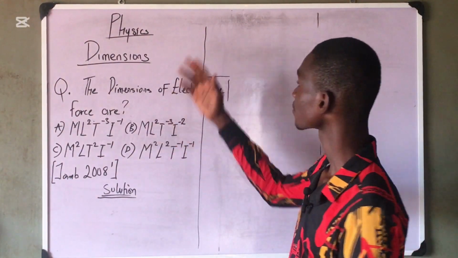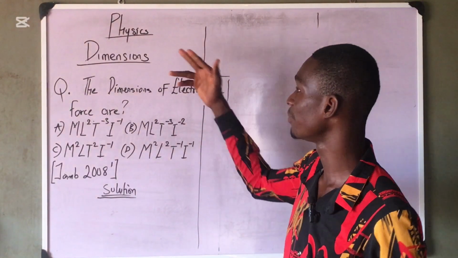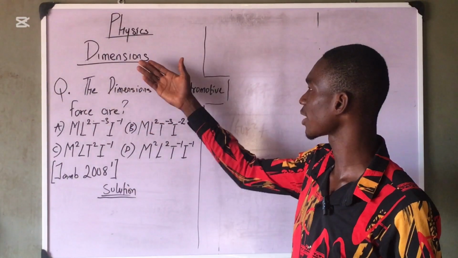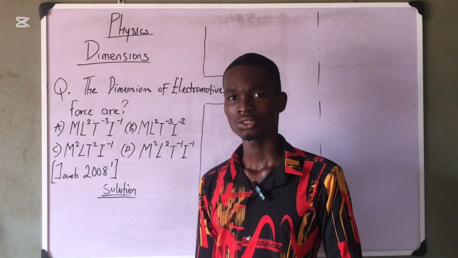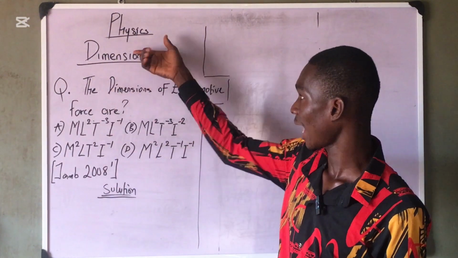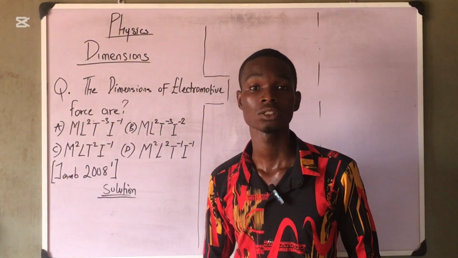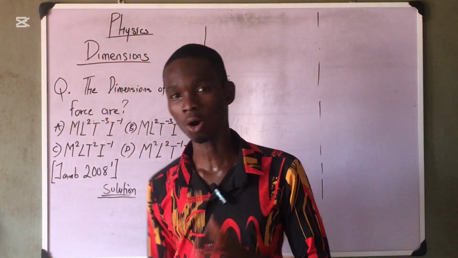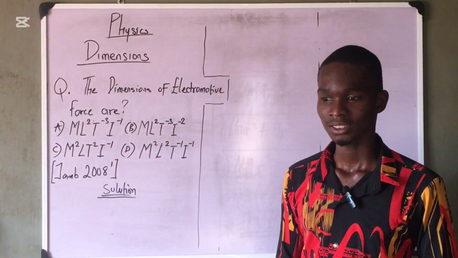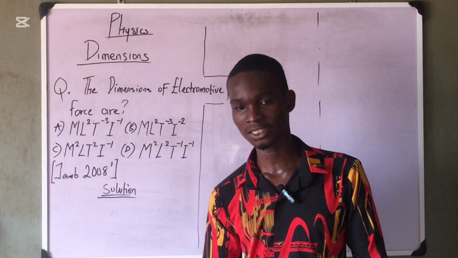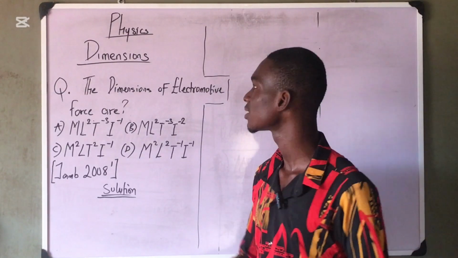Now, on physics, today we'll be working on dimensions. When you take a look at this dimensional question from JAMB 2008, you observe that when you talk about dimension, most of the students normally run away from it, or basically, they run away from the basics of physics, the beginnings of physics.